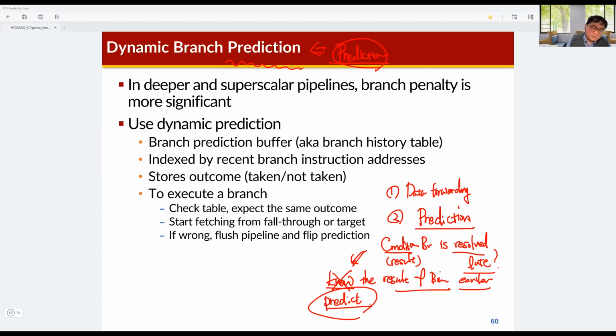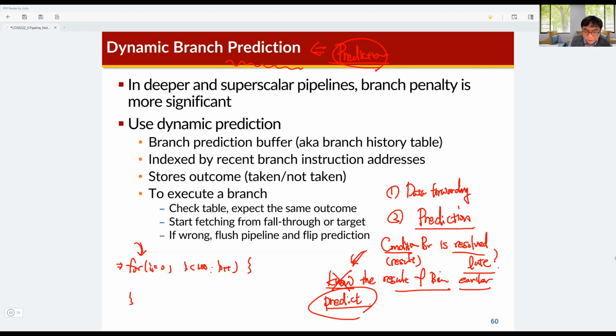Understand? Think like this: for i equal 0, i is less than 100, i plus plus. If we see this iterative loop, we can know that this loop will be executed 100 times.